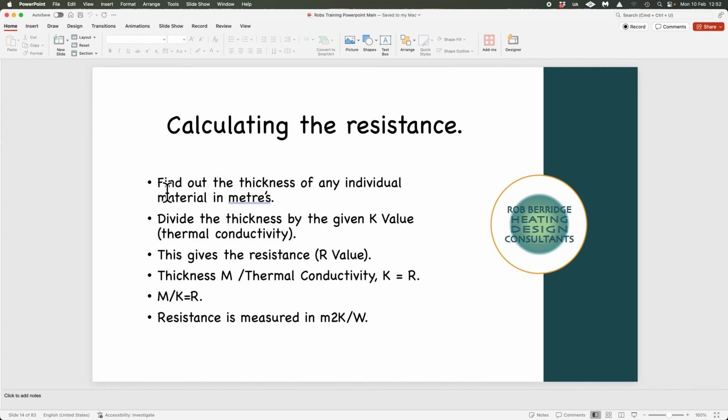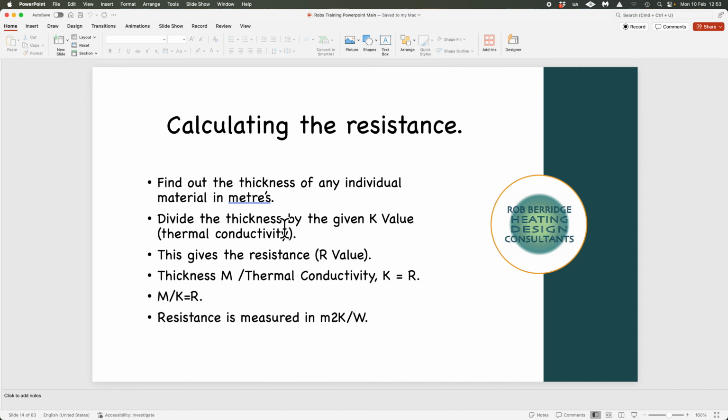So all we need to do to find the resistance of any building fabric is divide the thickness of the building material, but we want that thickness in meters. It's very, very important. So for argument's sake, if it was 300 millimeters thick, the equation would be 0.3, because that is 300 millimeters within 1 meter.